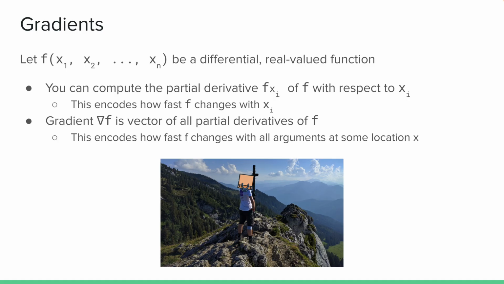Then you can compute the partial derivative of f with respect to x_i. This encodes how fast the function f changes with x_i. And the gradient of f is the vector of all partial derivatives of f. So it says how fast f changes with all arguments at the same location.